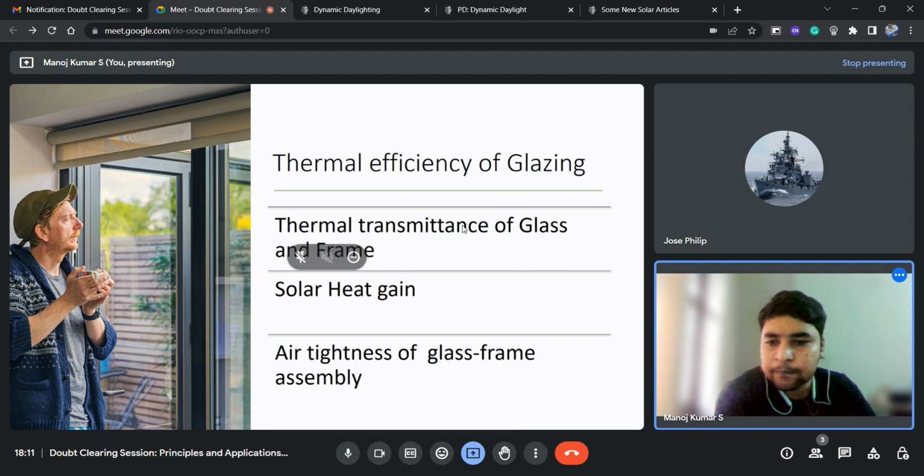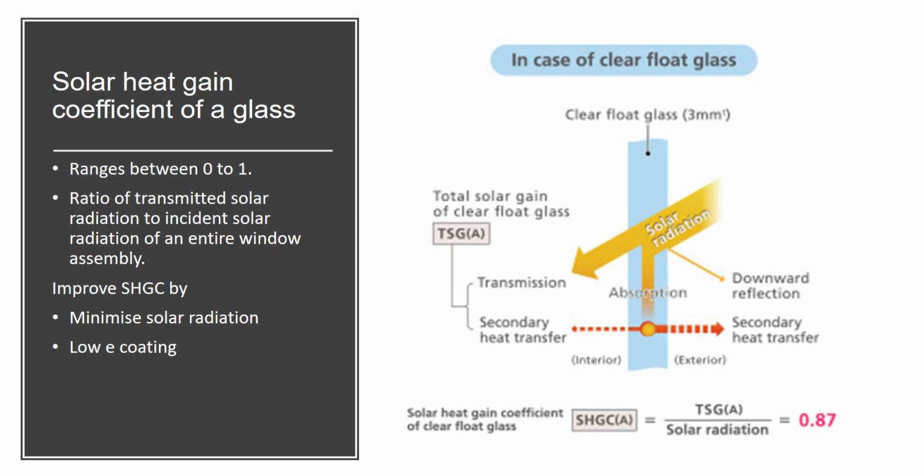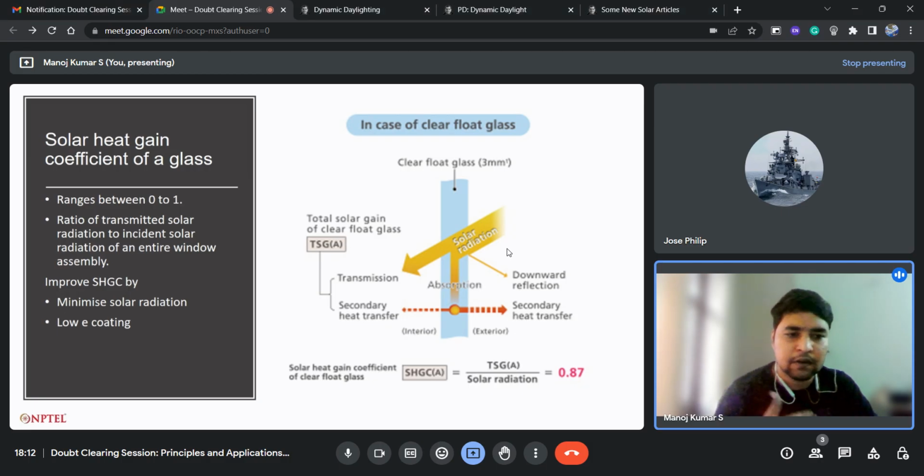So previously we were discussing the design of glazing systems and also shading devices, in week two and week three. When you design shading devices, it has to be a holistic decision.